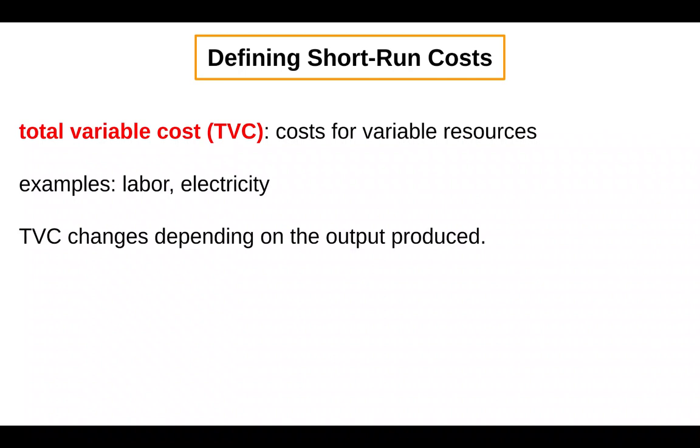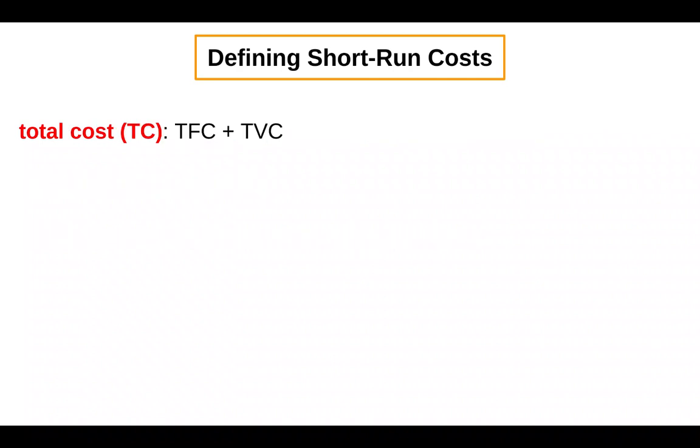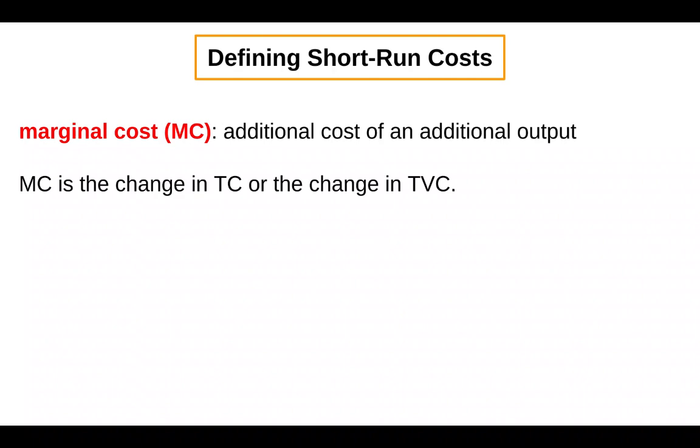Those costs can be eliminated, and so total variable cost would be zero. Total cost is simply adding your fixed and variable costs together. And you can see the importance of acronyms here. Often we'll refer to these via shorthand: TFC being total fixed cost, TVC being total variable cost.